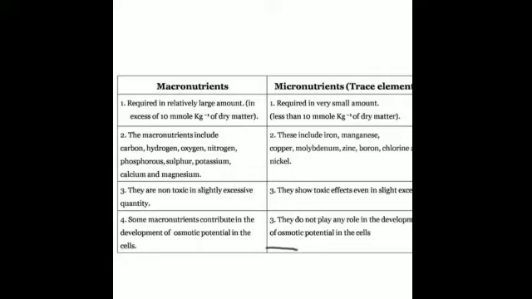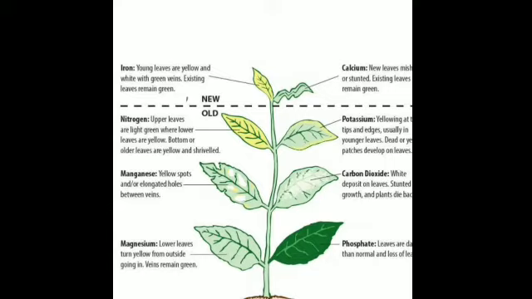So macronutrients, first one being nitrogen. It is an essential constituent of all proteins and chlorophyll. Is it clear? That is, it is very important for the formation of the proteins and chlorophyll, the green color pigment of the plant. And next one being phosphorus.